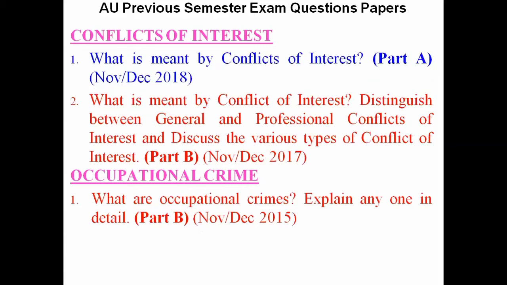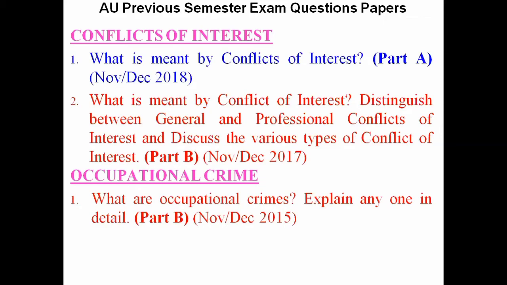The topic is conflict of interest. In this topic, 1 Part A question and 1 Part B question were asked. Part A question is, what is meant by conflicts of interest? So simply they ask about the conflict of interest. Part B question is, what is meant by conflict of interest?